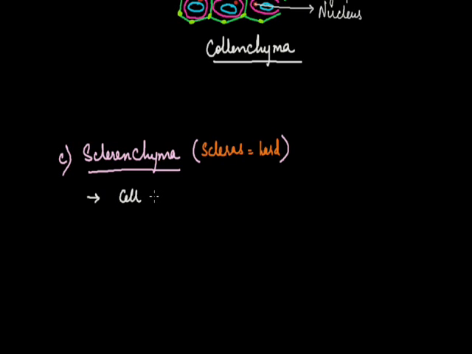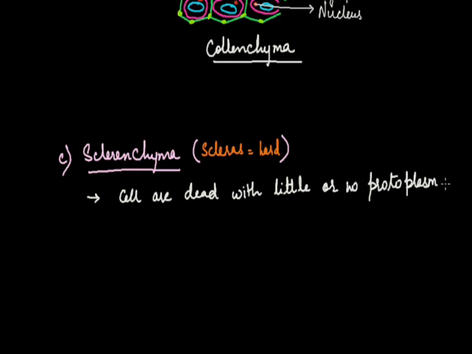They are made up of dead cells because they have extremely little or no protoplasm, and protoplasm is an essential characteristic feature of a living cell. So they are considered dead cells.